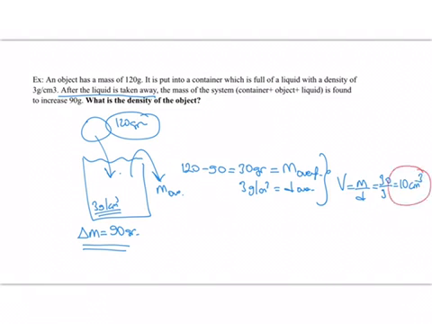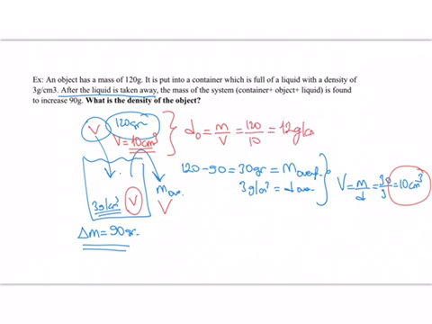The volume of the overflown liquid will be equal to the volume of the object, because the object will displace an equal volume of liquid. So the volume of the object is 10. So the density of the object, from mass over volume, is equal to 12 gram per centimeter cube.